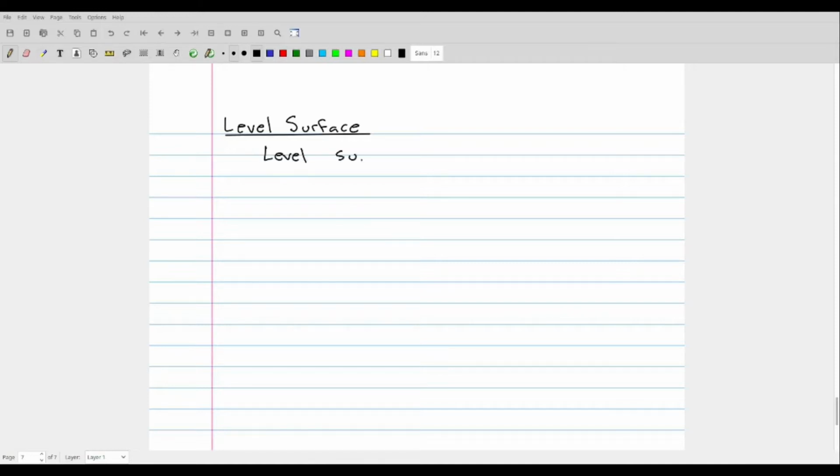Level surface is like a level curve, but for a function of three variables.